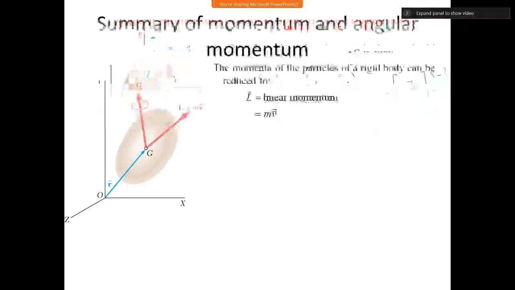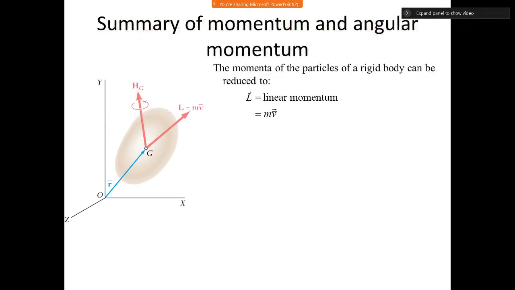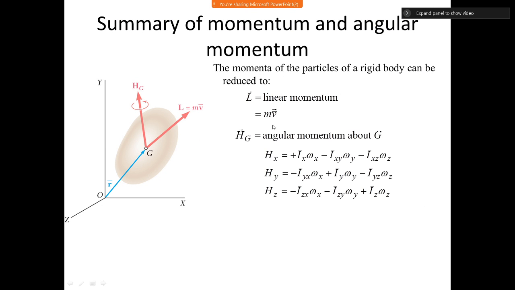So to summarize what we have seen so far, the momenta of the particles of a rigid body can be reduced to mass times the velocity of the center of mass, where V bar stands for the center of mass. The angular momentum about the center of mass is related to the angular velocity using this set of equations.